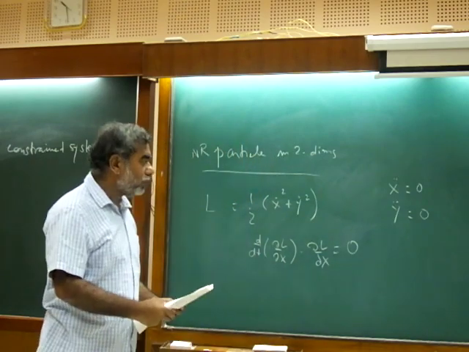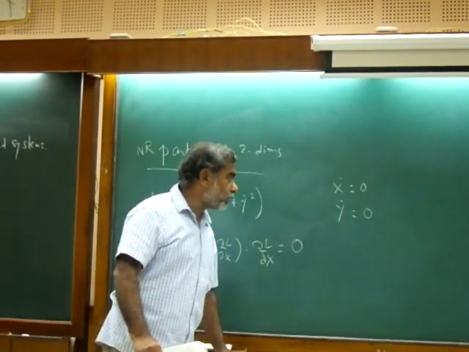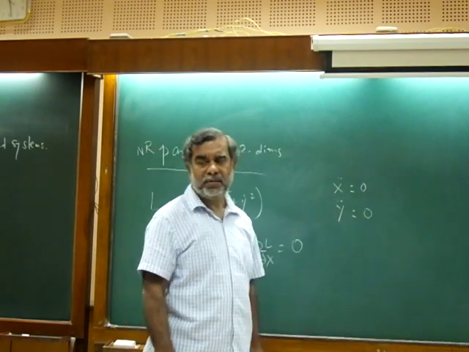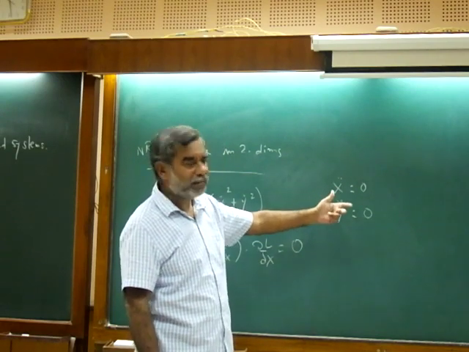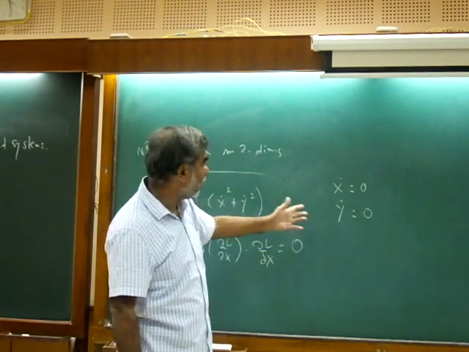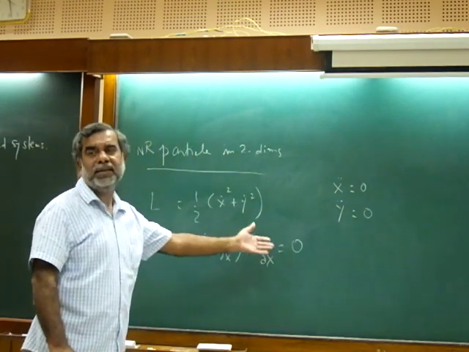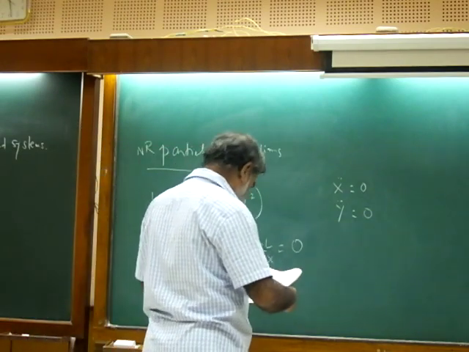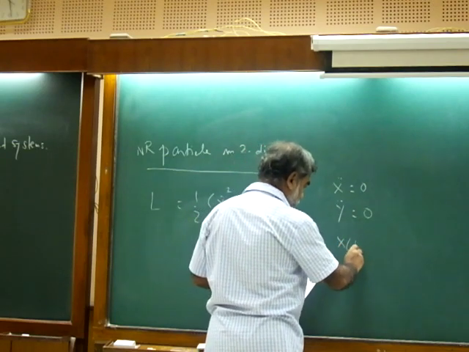This is nothing but Newton's law, force equals mass times acceleration, for a free particle. No force, so this is 0; mass is 1; this is the acceleration. So x double dot is 0, y double dot is 0. Basically, Newton's laws have been reframed in the Lagrange equation. Now, there is no big deal. You can actually solve these equations.